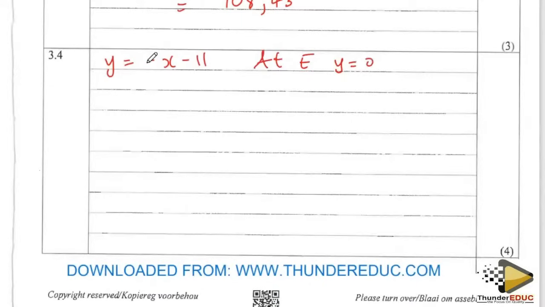So where there is y, I'm going to put a 0. So 0 is equal to negative x minus 11. Move the x that side, which means x is negative 11. The coordinates of E are negative 11 and 0.